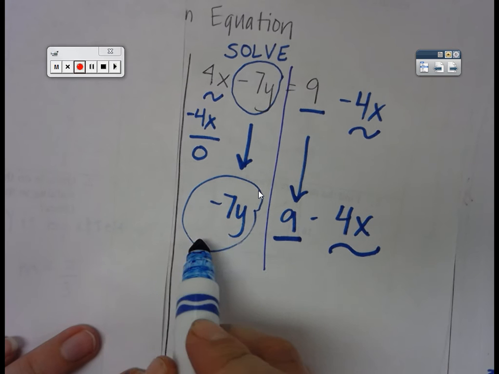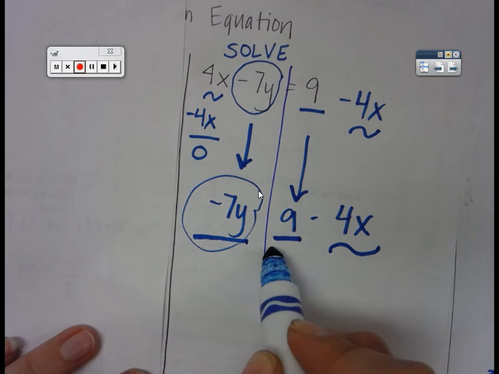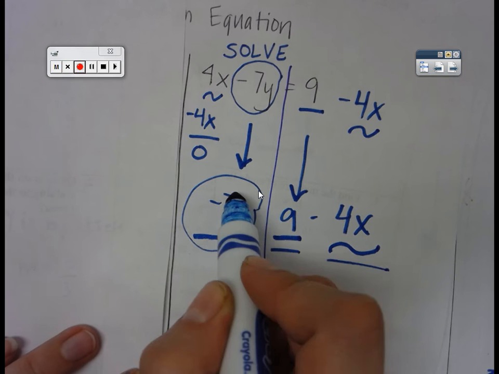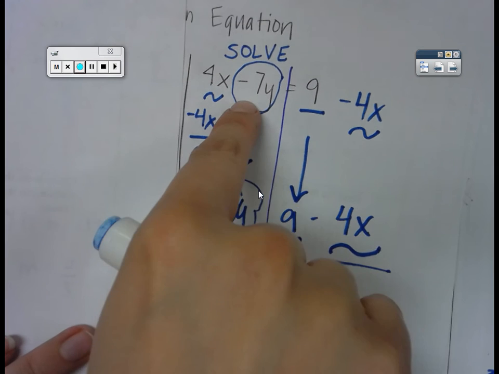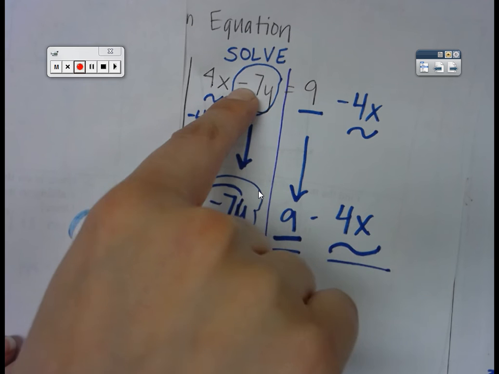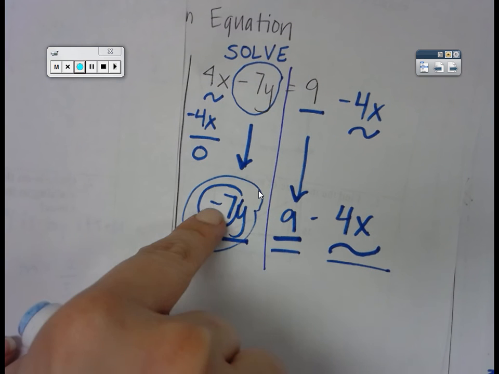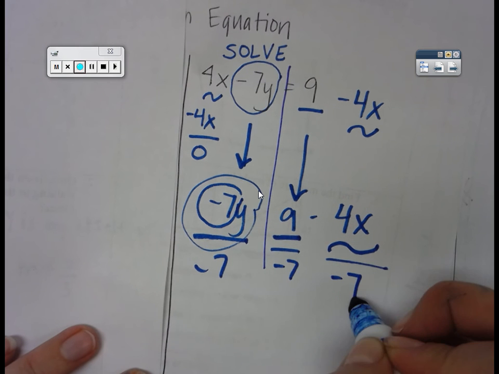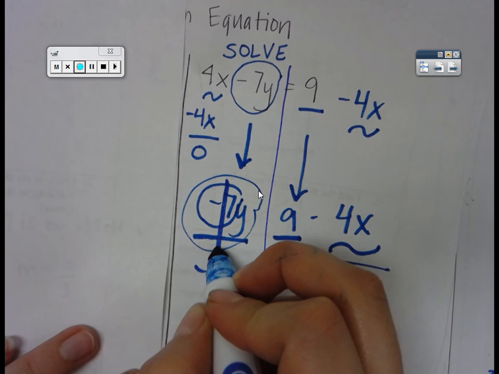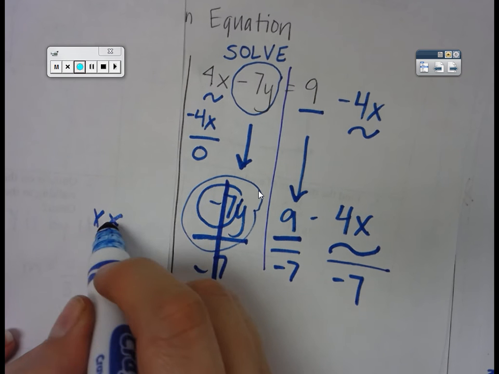So I'm going to have to divide this. And I divide everything else by the number in front, which is a negative 7. See that? The operation symbol is minus, but the 7 is negative, so it's negative 7. Divide by negative 7, divide by negative 7, so that becomes 1, just like when we wrote out all the x's. Do you remember doing that?